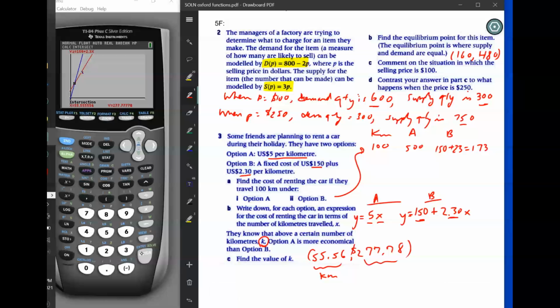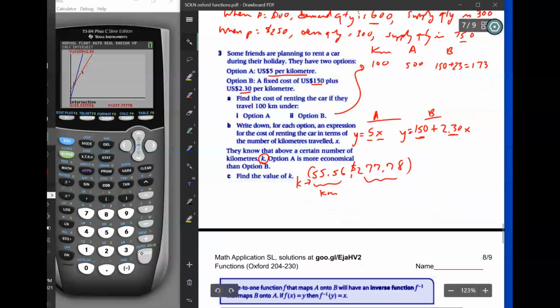That's when the two options are exactly equal, and that's when option A starts to become more economical. So that's the K value right there. All right, is that it for this page? It is.